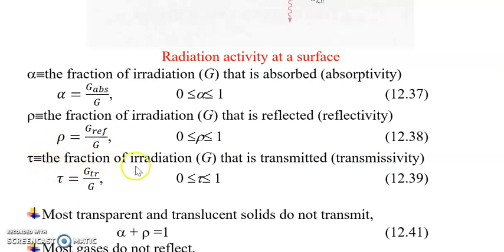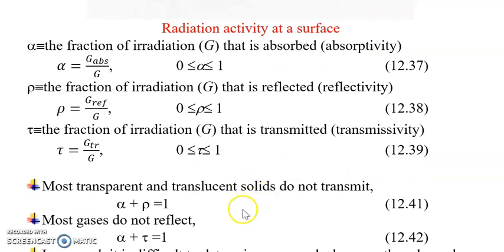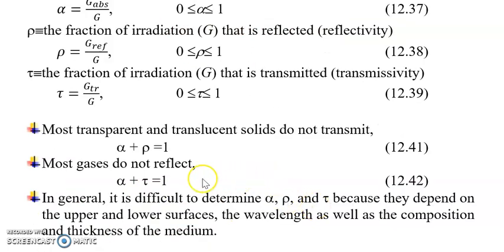And tau is the fraction of irradiation that is transmitted, the transmissivity. Most transparent and translucent solids do not transmit. So that means your tau is 0, and you only end up with alpha plus rho equal to 1, equation 1241. Most gases do not reflect, so you have only the absorption and the transmitted portion, 1242.